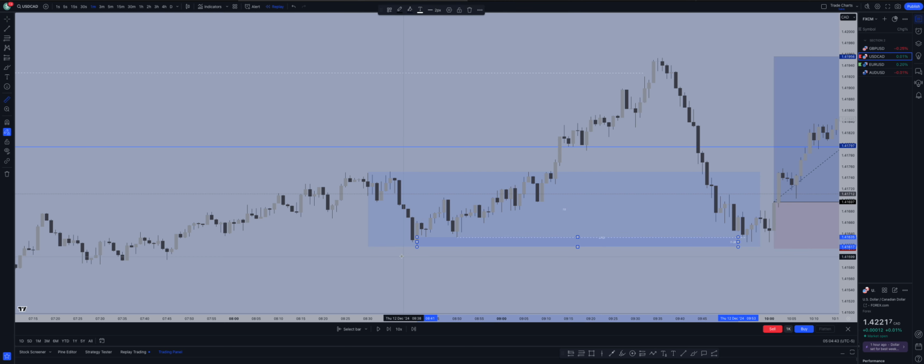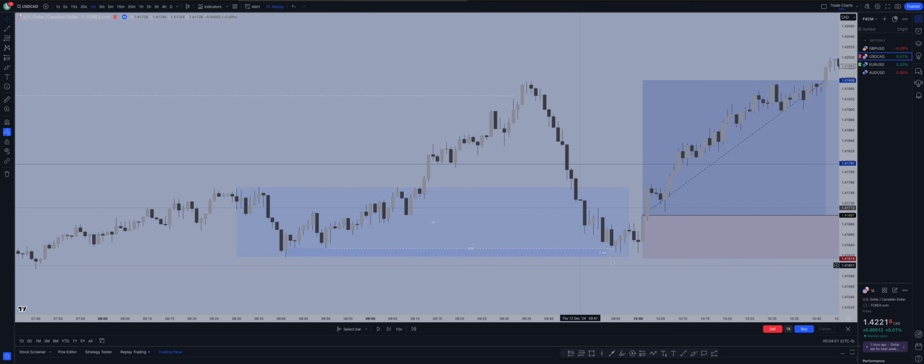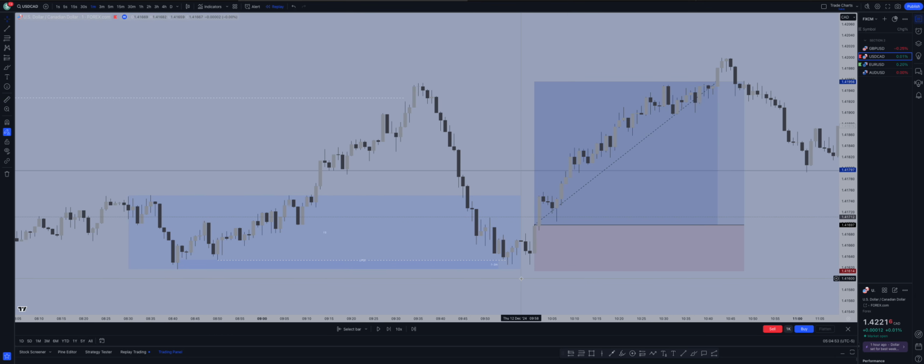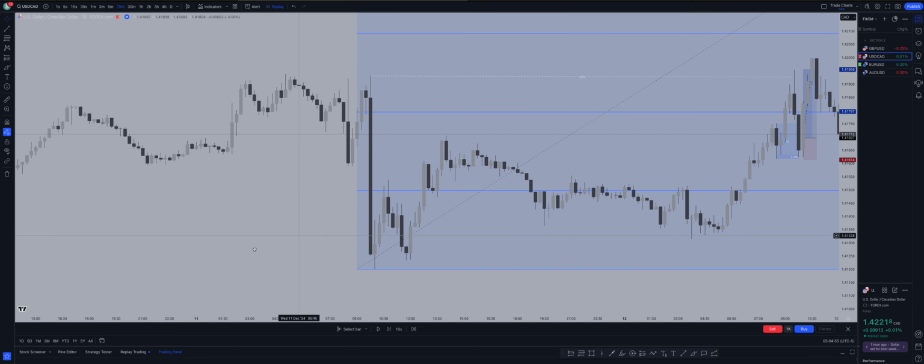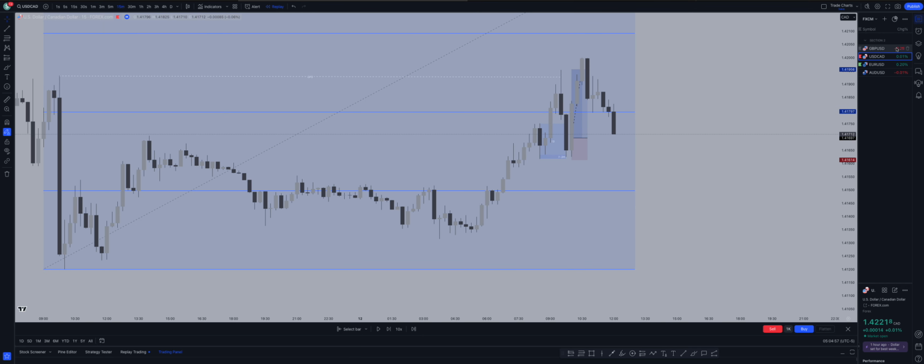Let's look at how many pips this is. To this high, 1.5. Yeah, I should have taken it. CAD loves slips. Matt took it. It is what it is.